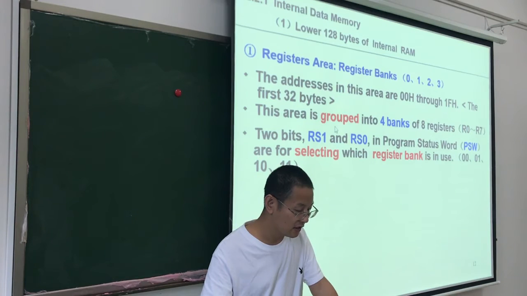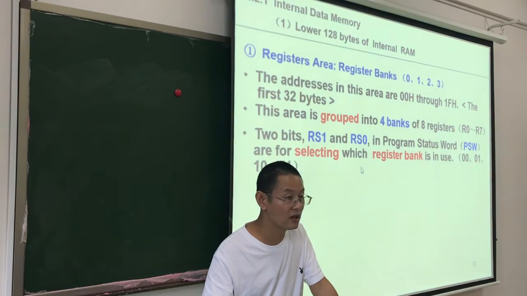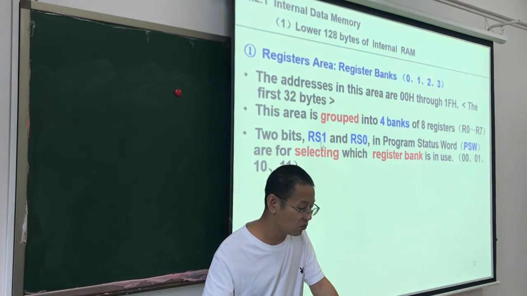This area is grouped into 4 banks of 8 registers. The 2 bits RS1 and RS0 in the program status word are for selecting which register bank is in use, which means when we set RS1 and RS0 to 00, we use bank 0. 01 uses bank 1. 10 is for bank 2.